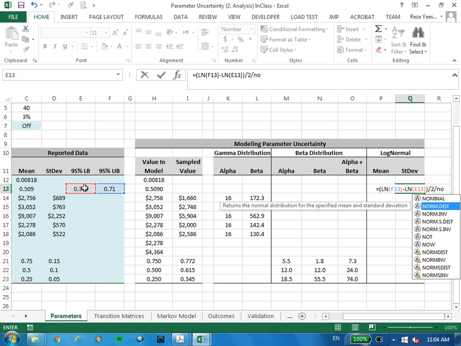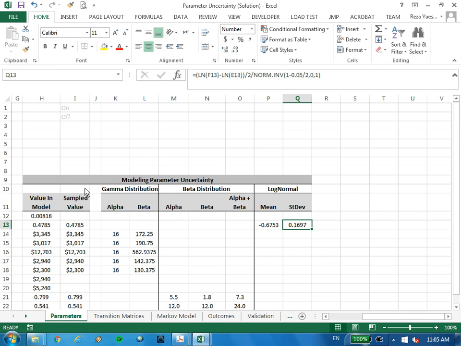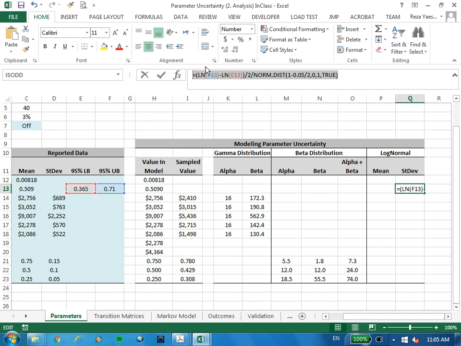And normal distribution. Okay. Let's see if it's working first. Yeah, let me just copy and paste this.